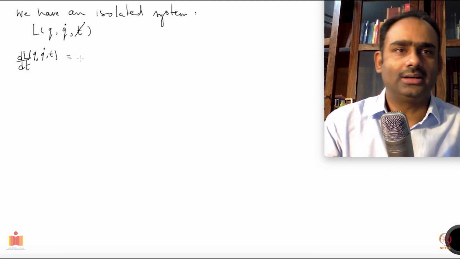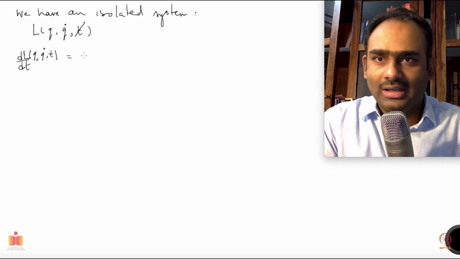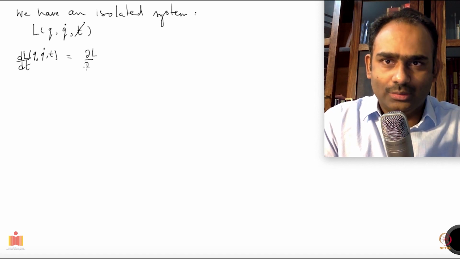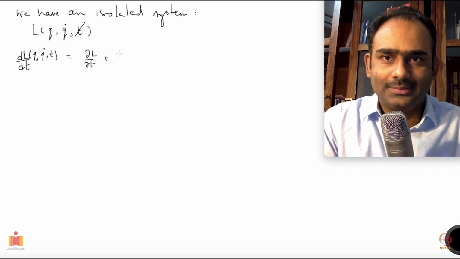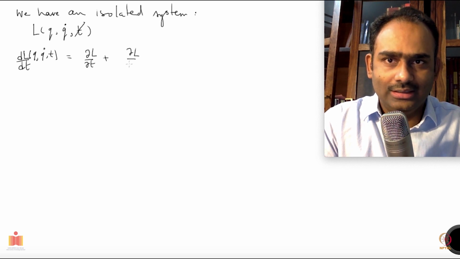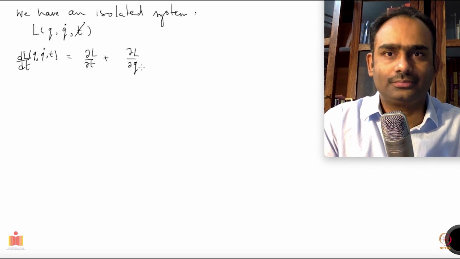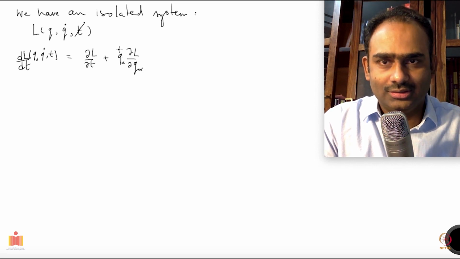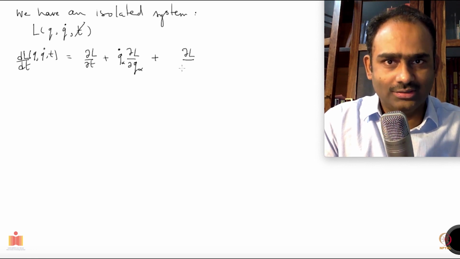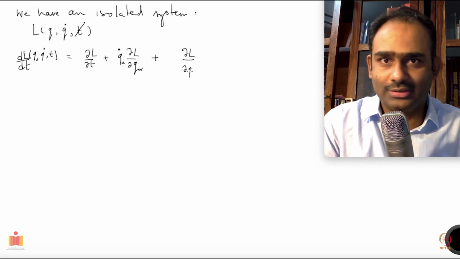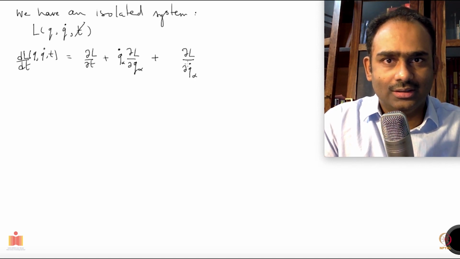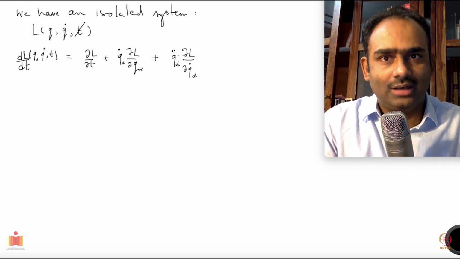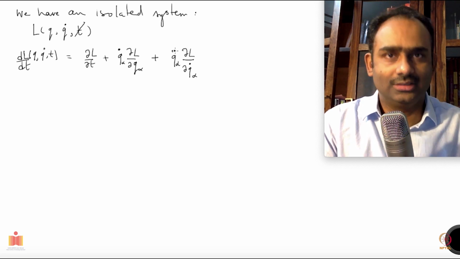So I just do the chain rule and get dL over dt equals del L over del t, plus del L over del q alpha times q alpha dot. Now I should also differentiate L with respect to q alpha dot, because L is a function of all q and q dots, giving del L over del q alpha dot times q alpha double dot, and the Einstein summation convention is being used.